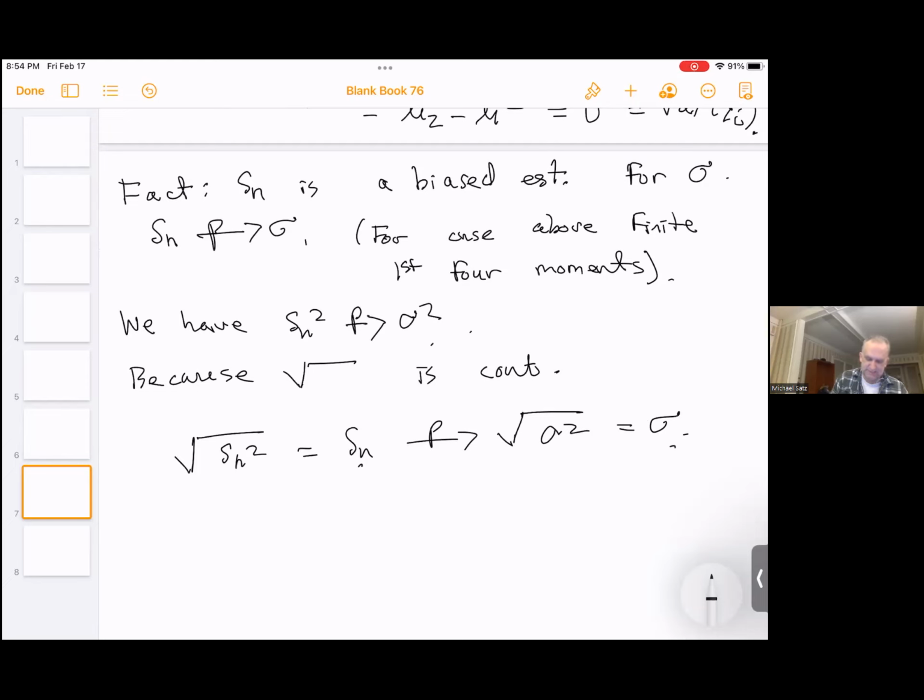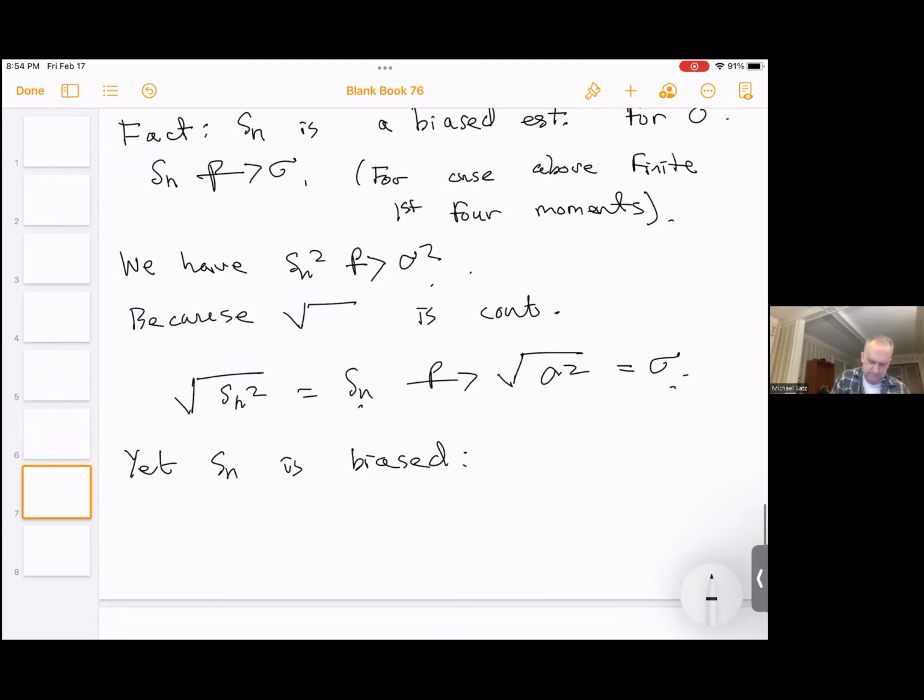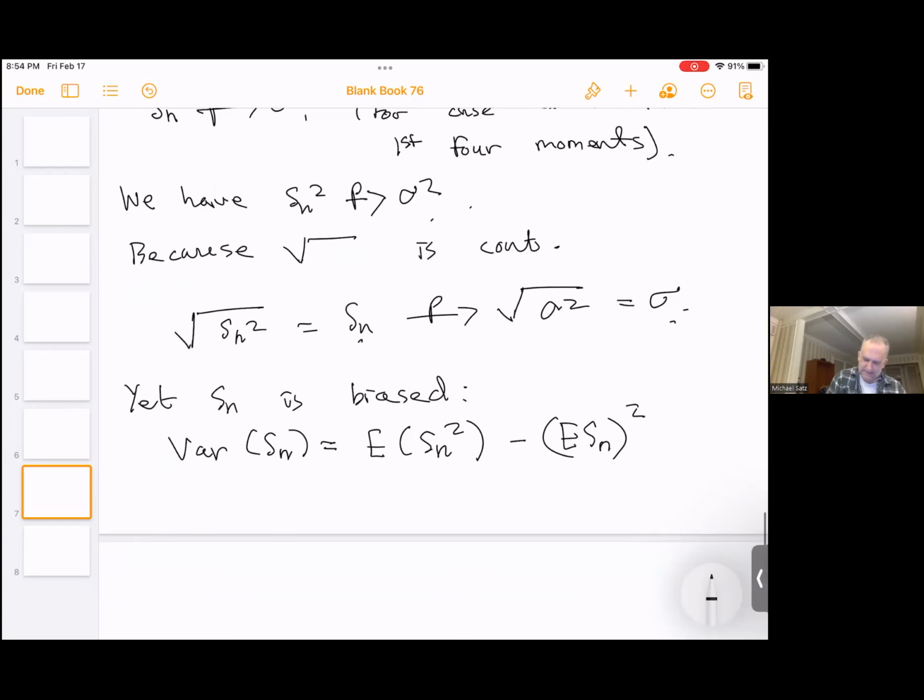To see that Sn is biased, though, maybe this is a little more work. Let's write, Sn is biased. So to show this, we will take the variance of Sn, which is equal to E of Sn squared minus E of Sn, squared.